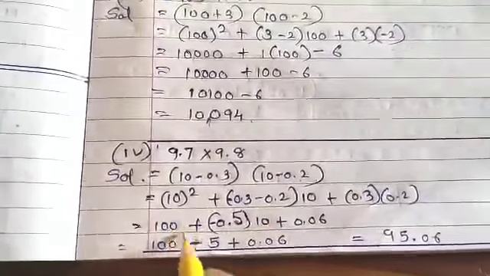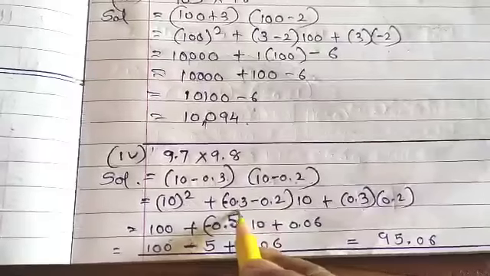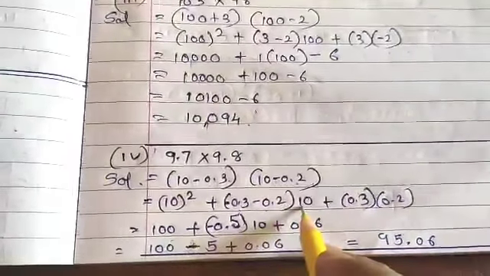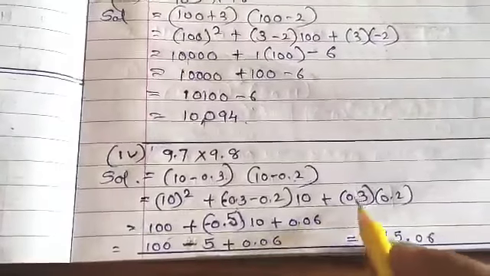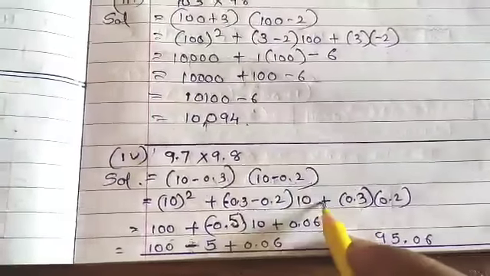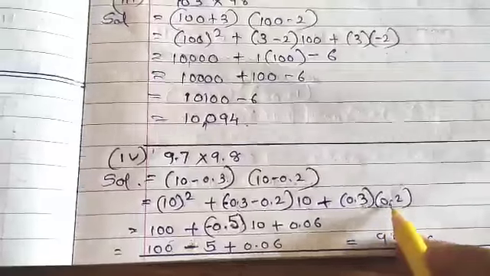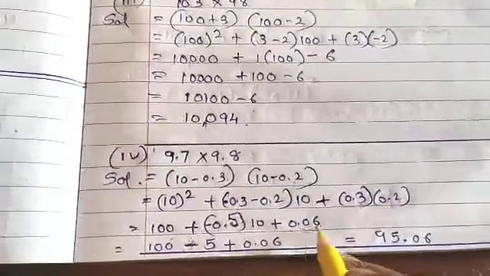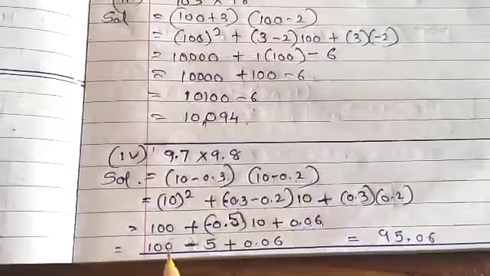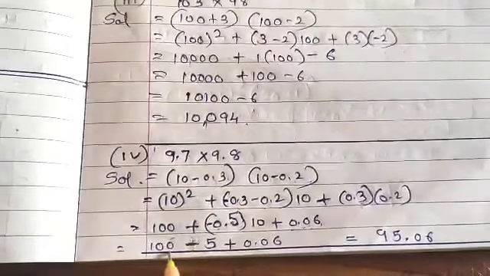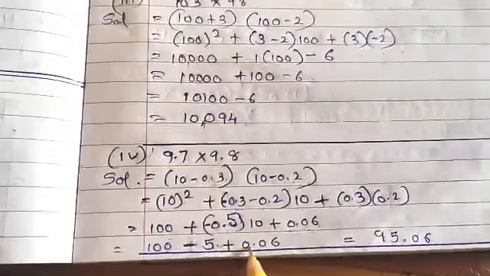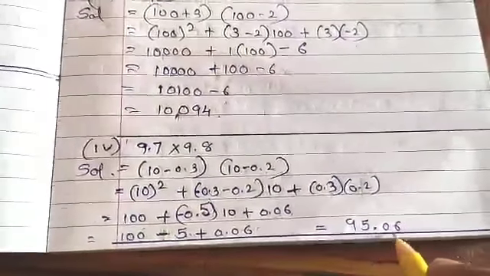Now square of 10 is 100, and sum of negative 0.3 and negative 0.2 gives negative 0.5. When you multiply 10 to it, you will get negative 5, and the product of 0.3 and 0.2 gives 0.06. Now when you subtract 5 from 100, you will get 95, and 95 plus 0.06 gives 95.06.